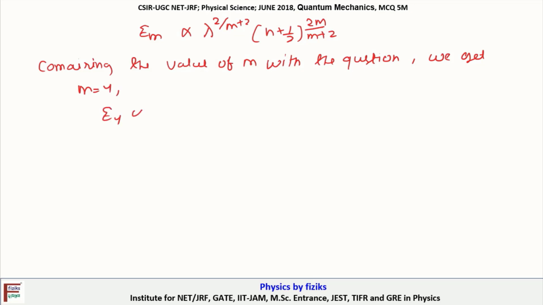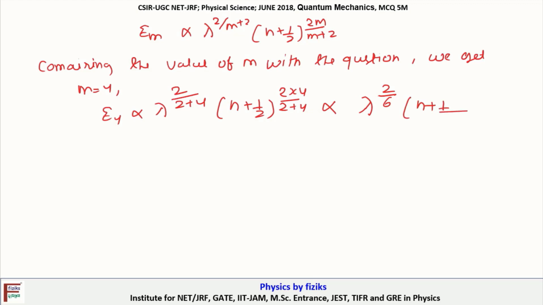So E n is proportional to lambda to the power 2 by 4 plus 2, into n plus half to the power 2 into 4 divided by 2 plus 4, which is proportional to lambda to the power 2 by 6, n plus half to the power 8 by 6.